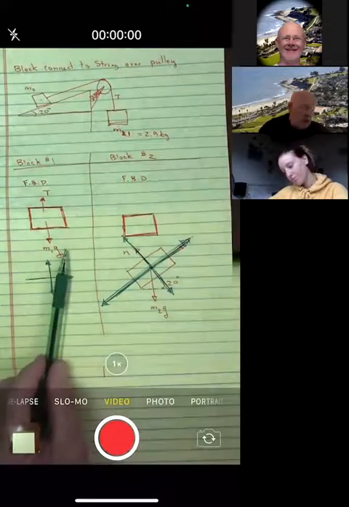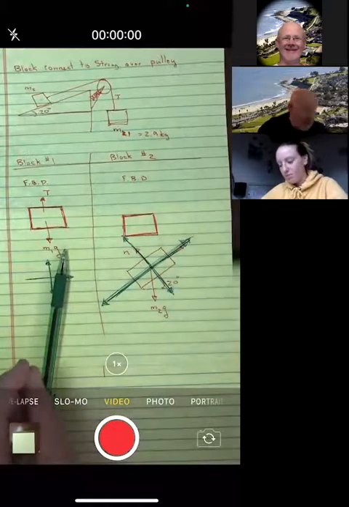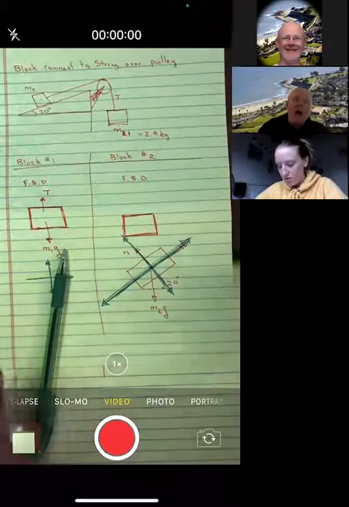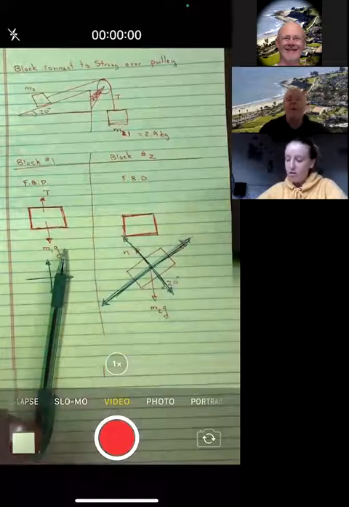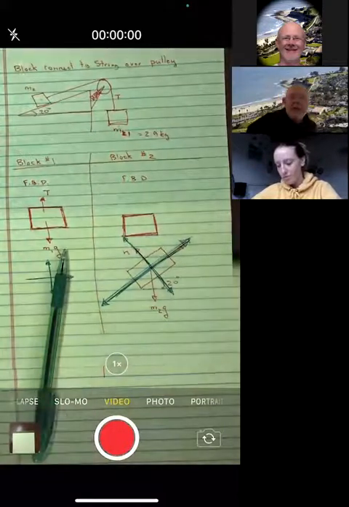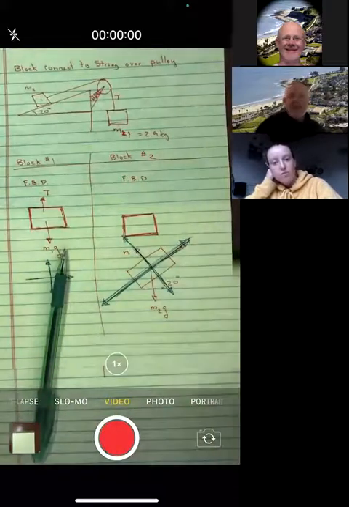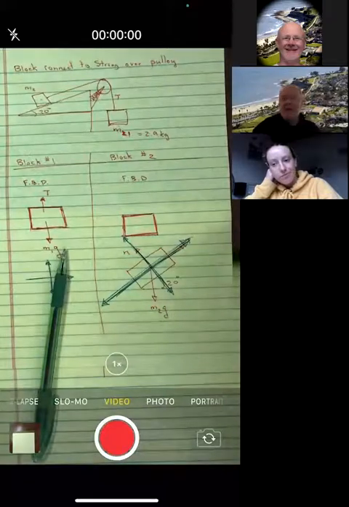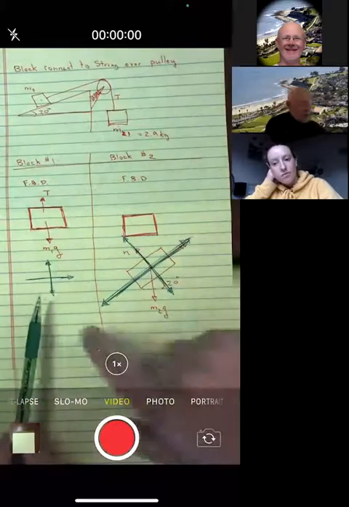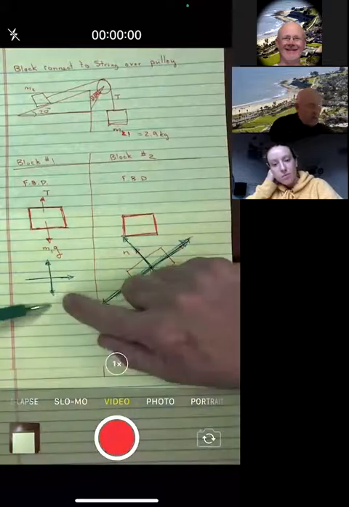But when we start diving into the math, I will show you why this will make it mathematically easy. So again, if you know the direction it's going to move, which for both blocks we do, set up the axes. And let me give you another helpful piece of advice: make them the same axis. Don't call this one Y and this one X. See, my default is to call this one Y.